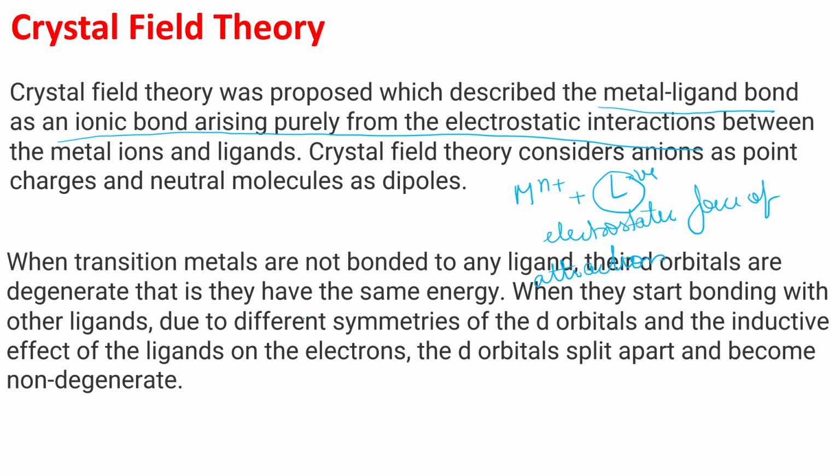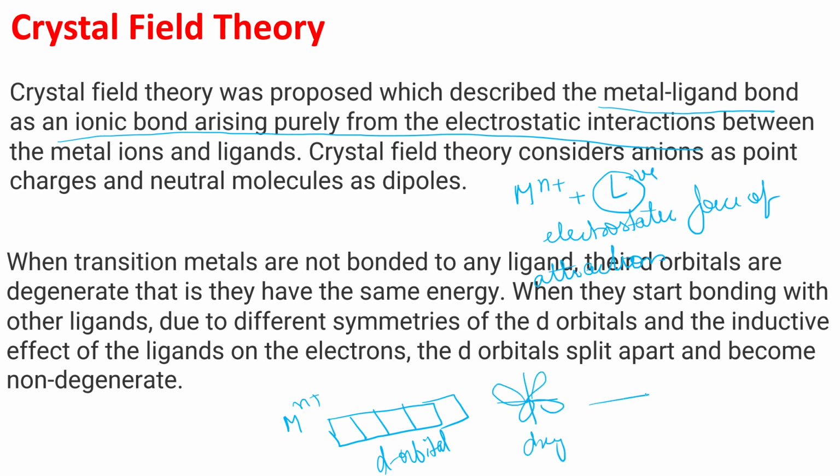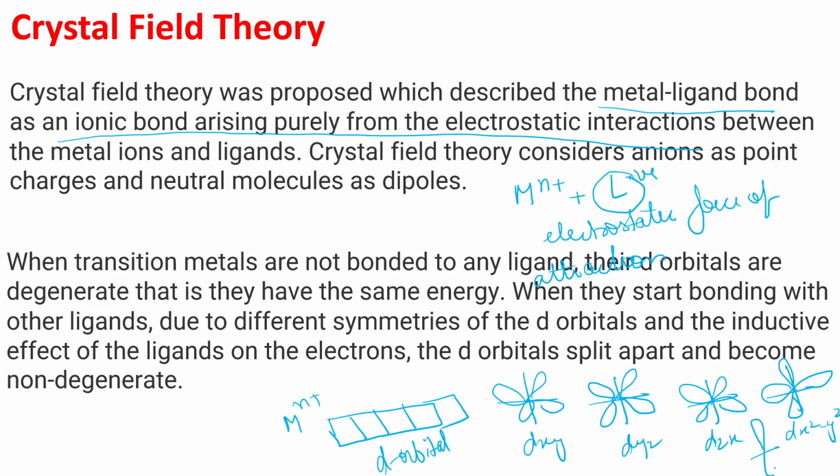When a transition metal is not bonded to any ligand, the metal has d orbitals: dxy, dyz, dzx, and the other two, dx square minus y square, and the last one, dz square.